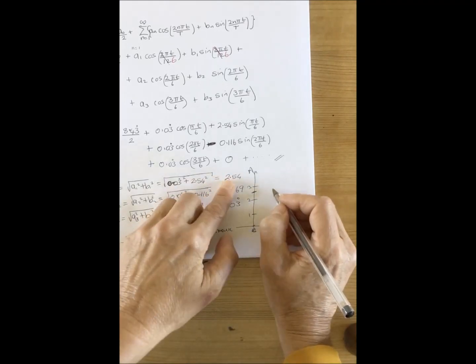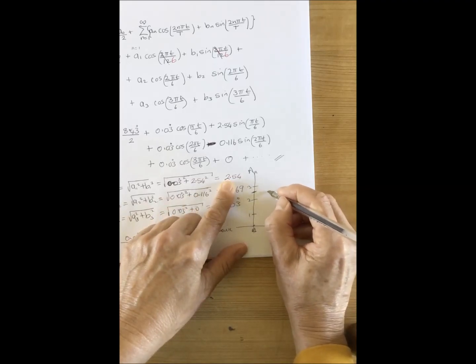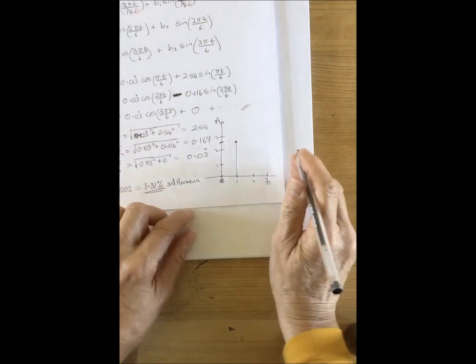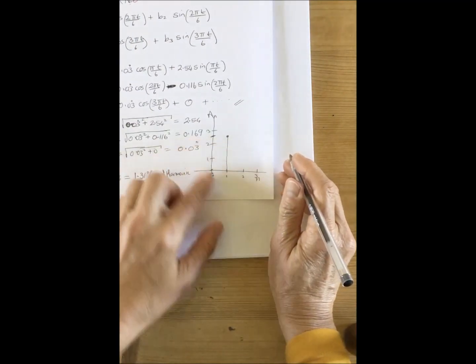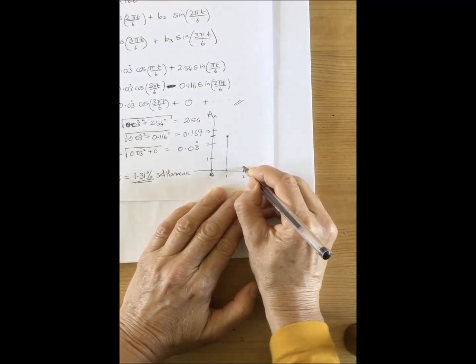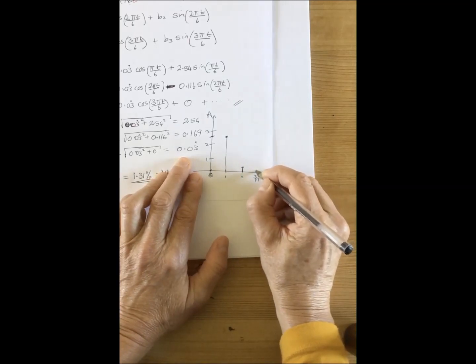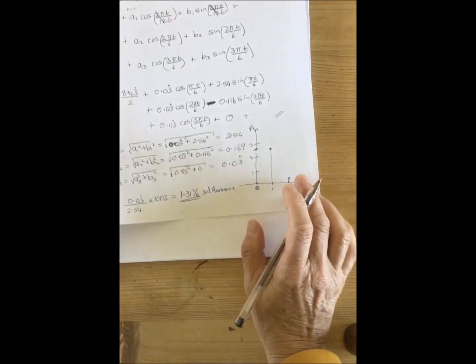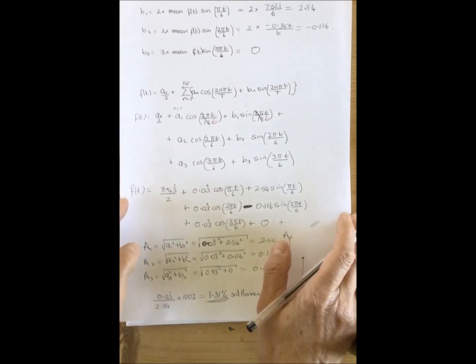So the first harmonic is at 2.54, about there. They're discrete, they're separate waveforms. The second harmonic is 0.169 and about there somewhere. And the third harmonic is tiny, you can barely see it, it's so low. That's our three harmonics. Okay, thank you. That's it, done.